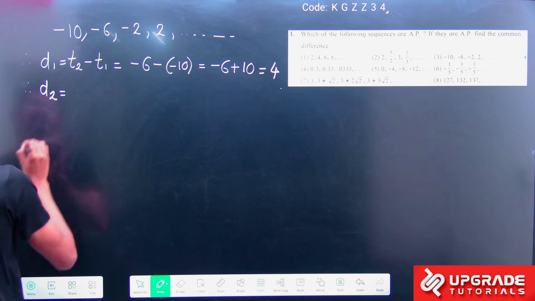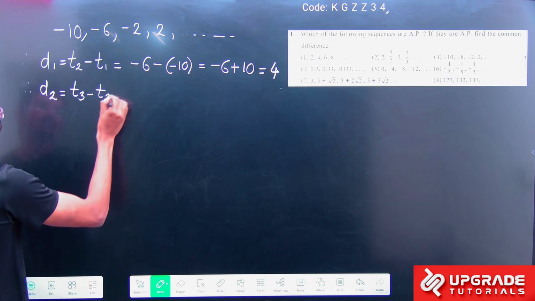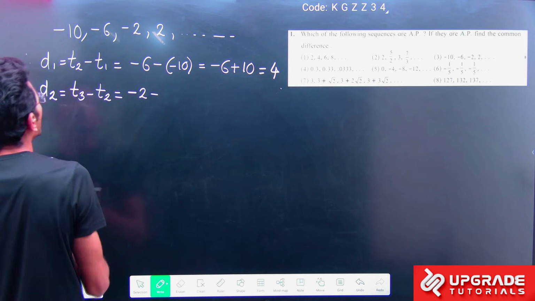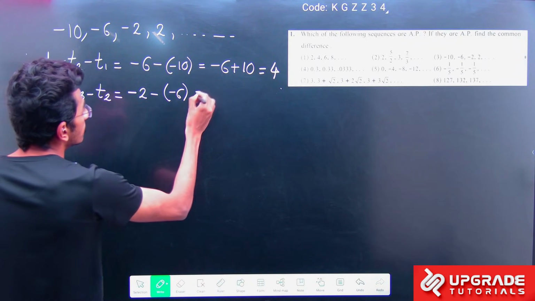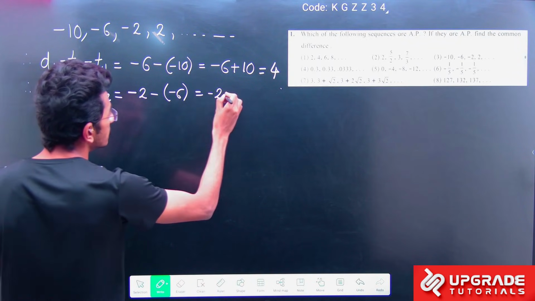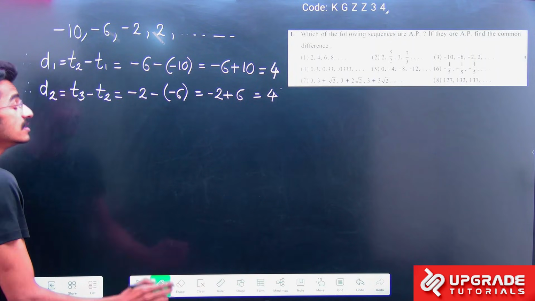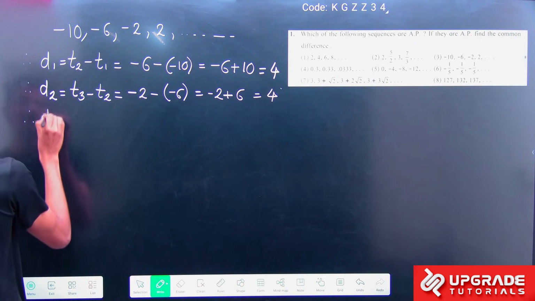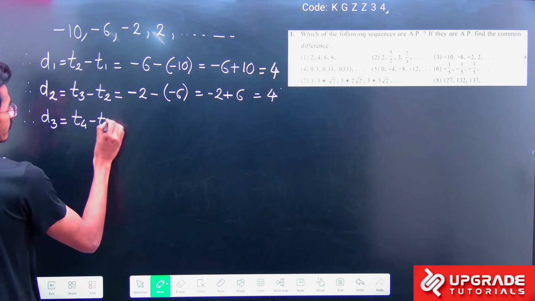Similarly with D2. D2 is T3 minus T2. What is the third term? Minus 2. Minus of what is the second term? Minus 6. So it will be minus 2, minus minus becomes plus 6, which is 4. Similarly, we will find D3. D3 is T4 minus T3.